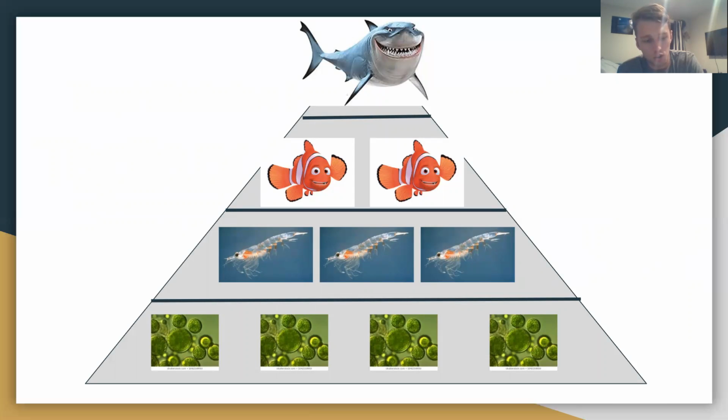So within our oceans, hopefully you guys know this, but if you look at a cellular level of organisms, there's a lot more unicellular algae, seaweed, producers like that that do photosynthesis than there are things like krill in the next level, Finding Nemo, I'm blanking on his name, Marlin, and then sharks, right? So we have a lot more at the bottom of the food pyramid than we go to the top.